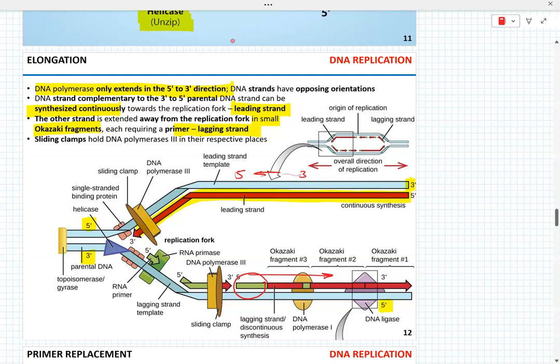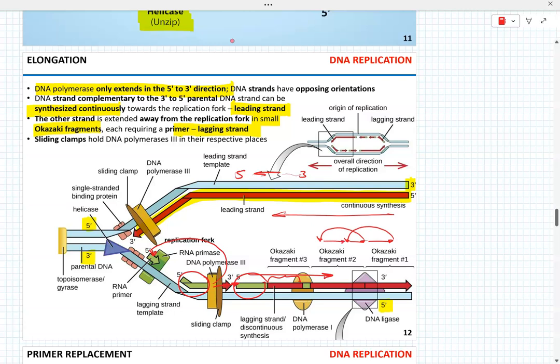DNA polymerase synthesized that Okazaki fragment, jumped back to another primer, and starts the synthesis of another Okazaki fragment. When it is completed, DNA polymerase 3 will go back to the next primer and synthesize again. So if this is the continuous synthesis of the leading strand, the lagging strand is synthesized like this.